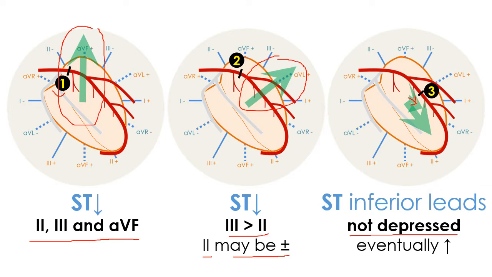Less frequently, the ST deviation vector has an inferior direction, and in these cases we will observe an ST elevation in the inferior leads. The ST deviation vector gives us an idea of the area of ventricular myocardium that is at risk. The more superior the ST deviation vector, the larger the area of ventricular myocardium at risk, and the greater the benefit of an immediate restoration of the coronary flow.